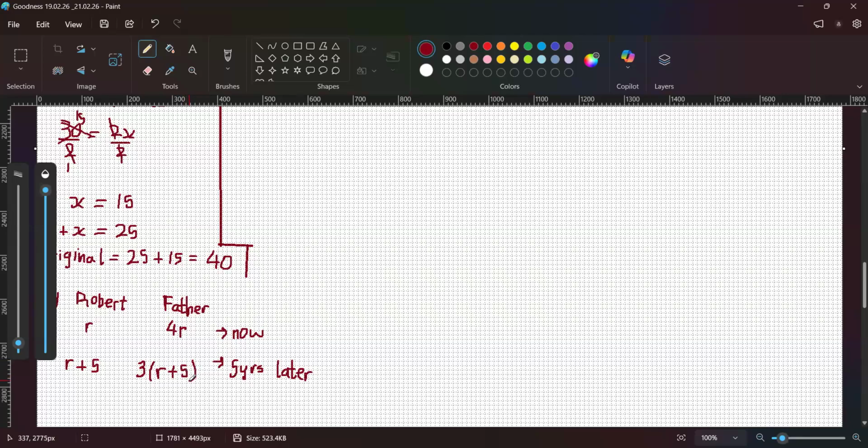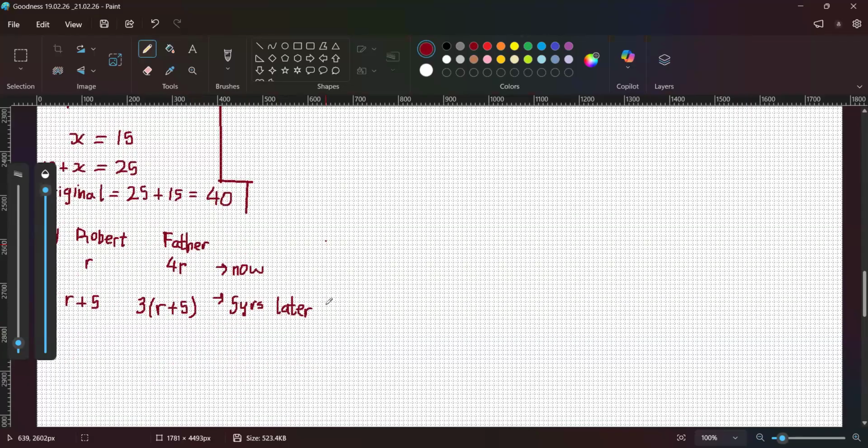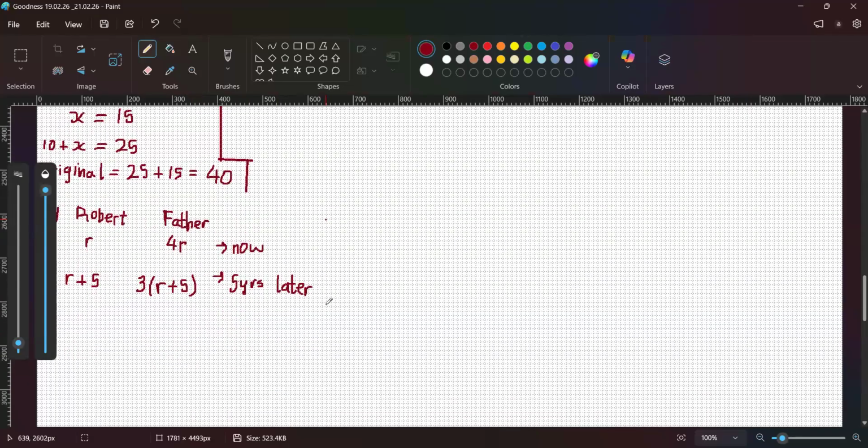Okay. So the question now is that we should find their present ages. Don't worry, we'll come to that. Can you see I've expressed the same question in terms of only one variable. So at the end of the day, when I find R, Robert's age, all I need to do is multiply it by 4, isn't it?